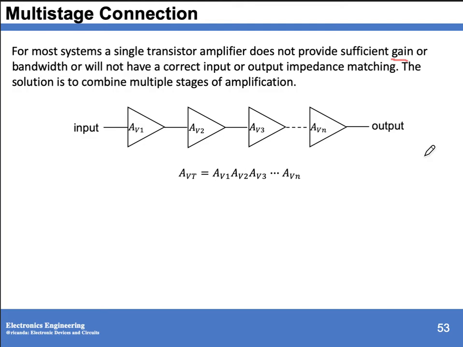We will discuss this gain equation when we reach AC analysis, as well as impedance matching. Impedance can be solved in the AC analysis. We have different types of multi-stage connection: the cascade and the Darlington pair.